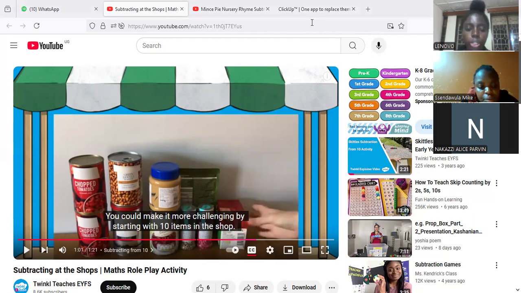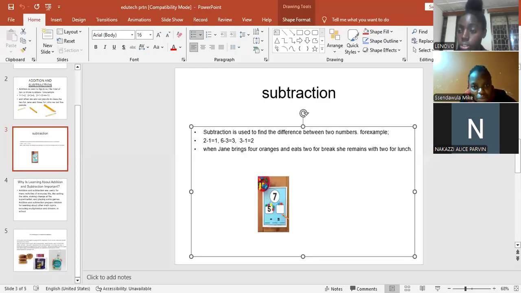So far, what you have seen today, we have seen the teaching aid of role play, whereby a learner is sent to the shop, and this learner was given 1,000 shillings to go and buy items for 900, not so?